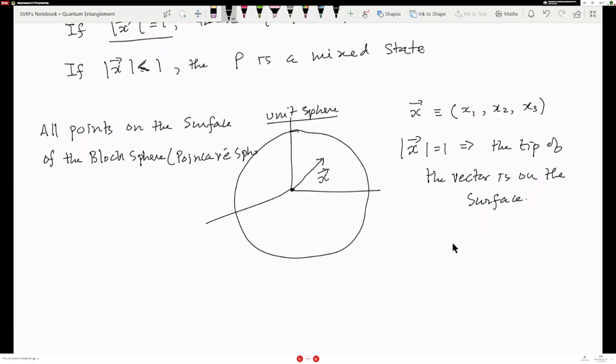The concept is the same. Pure states are, in the language of optics, called completely polarized states.